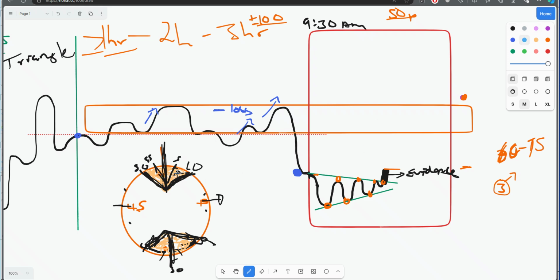I'm just going to use a blue color. If it happens somewhere here, this trade is highly reliable. We have 25, 30, 35. If it happens very close, 5 minutes, 5 minutes, that's how close I'm talking.